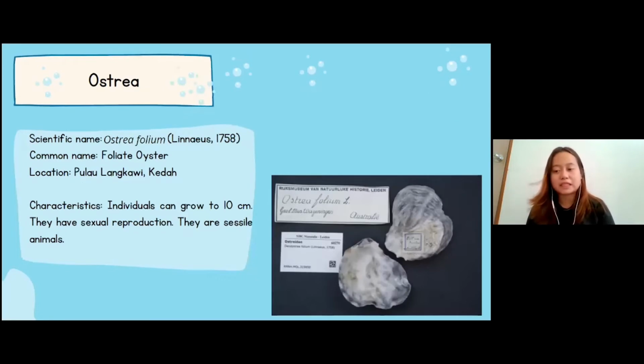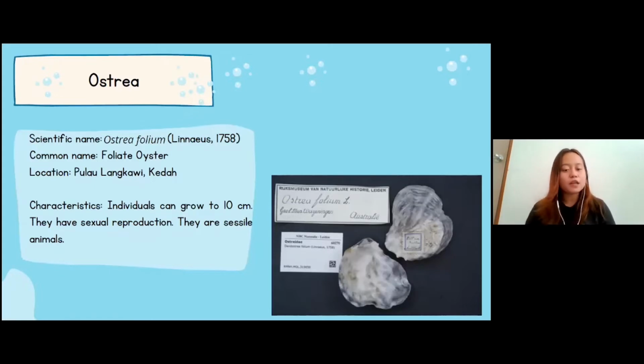And the third genus is Ostrea. We have the species with the scientific name Ostrea folium, with the common name foliate oyster.